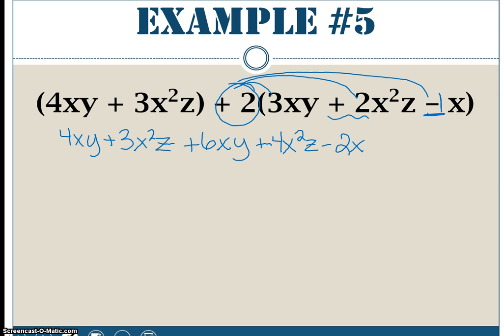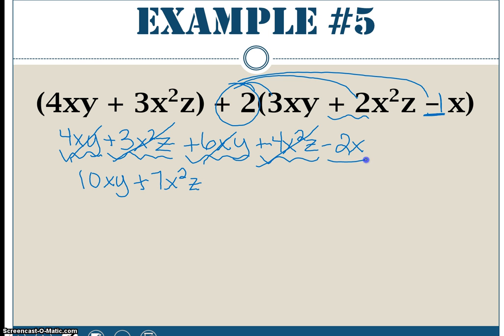So when I combine my like terms, I've got a 4xy and a positive 6xy here. So that makes 10xy. And then I've got a 3x squared z and a 4x squared z. Both of those are positive. So that makes 7x squared z. Then I'm left with this negative 2x. All I'm going to do is drop it down because it has nobody to combine with. So my final answer is 10xy plus 7x squared z minus 2x.